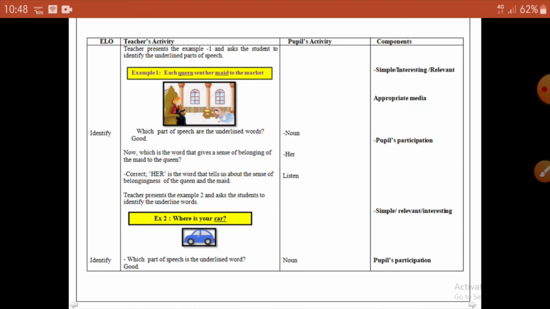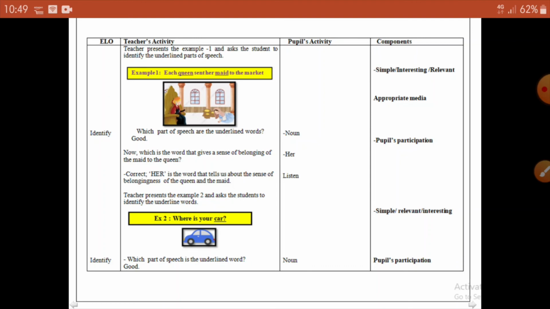So the most important thing you have to do, understand very clearly: present example 1, involve the students, reach the rule. Then present example 2, involve the students, reach the rule. Present example 3, involve the students, reach the rule. Now on that basis, bring the conclusion that on the basis of given examples 1, 2 and 3, we see that these words are related.